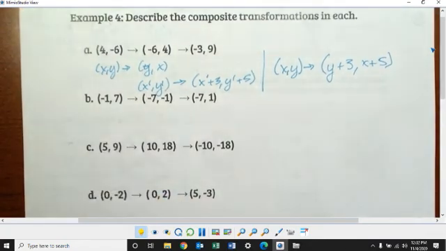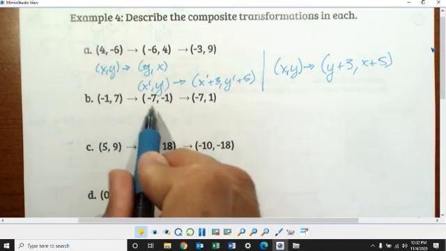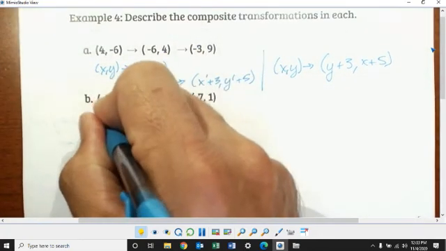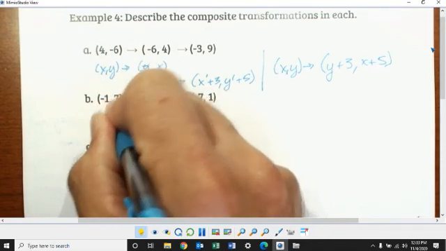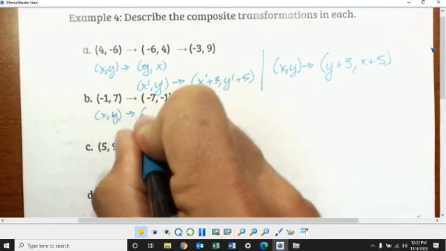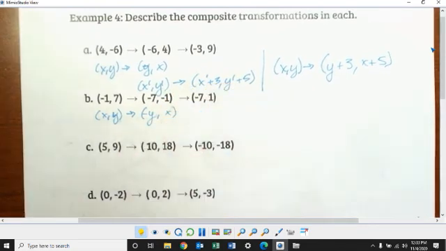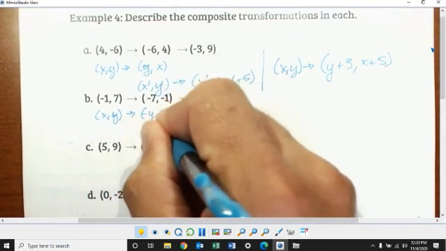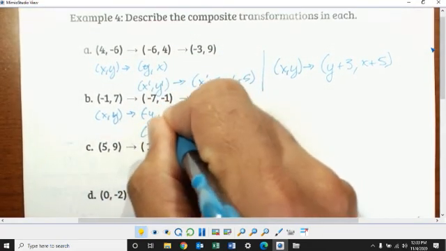Okay, B, I got negative 1, 7 to negative 7, negative 1. So I've got the same x here. So this x, y has become, this is the same x here, but this is negative y. So it's negative y, comma x. We know that means a rotation of 90 degrees. But again, this is x prime, this is y prime.